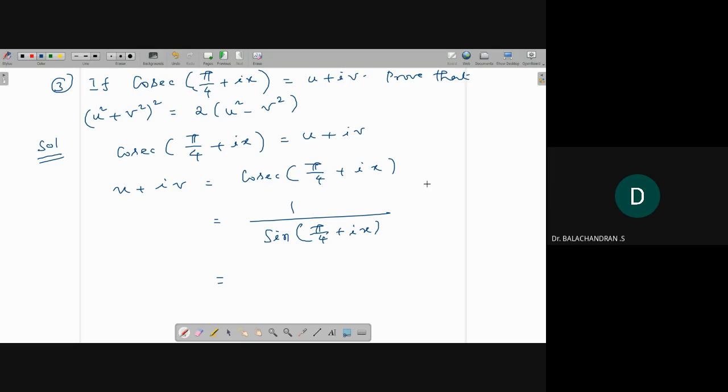Okay, so the idea is you need to write the denominator, that is sin(a+b), as sin a cos b plus cos a sin b.